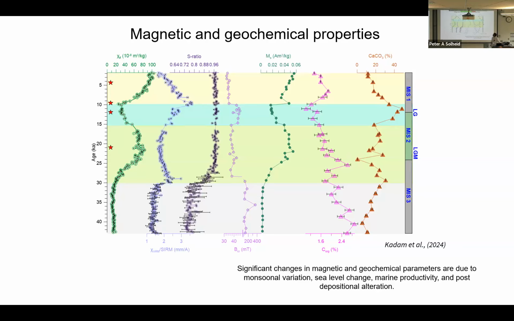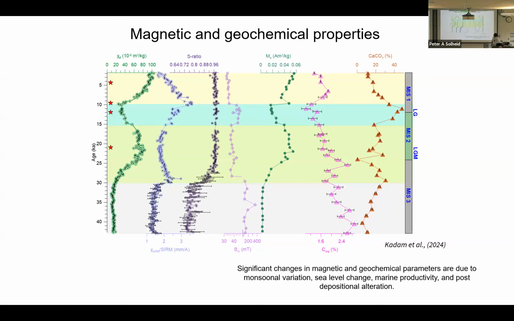In the bottom part of the sediment core, there is a reduction in the magnetic signal, and the S ratio also suddenly decreases. This part of the sediment core is affected by reductive diagenetic processes.